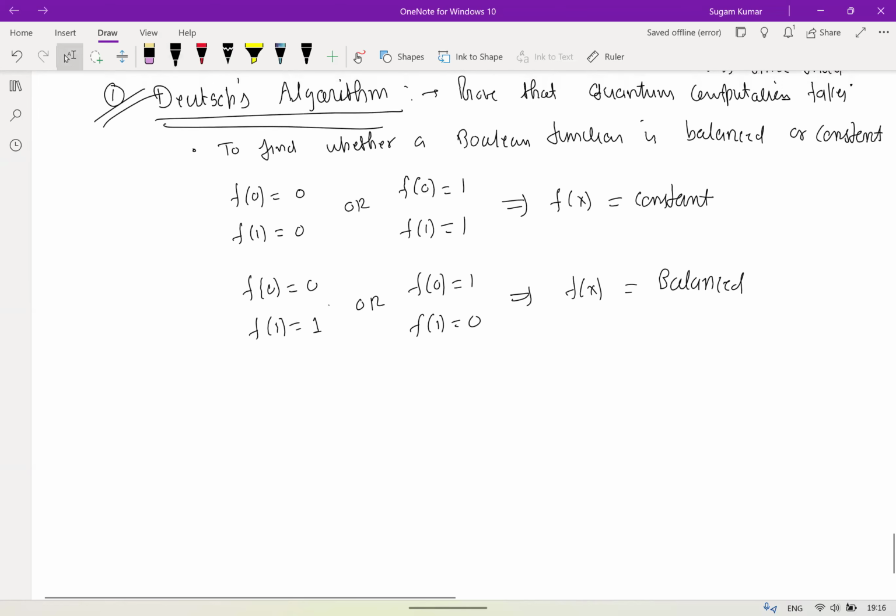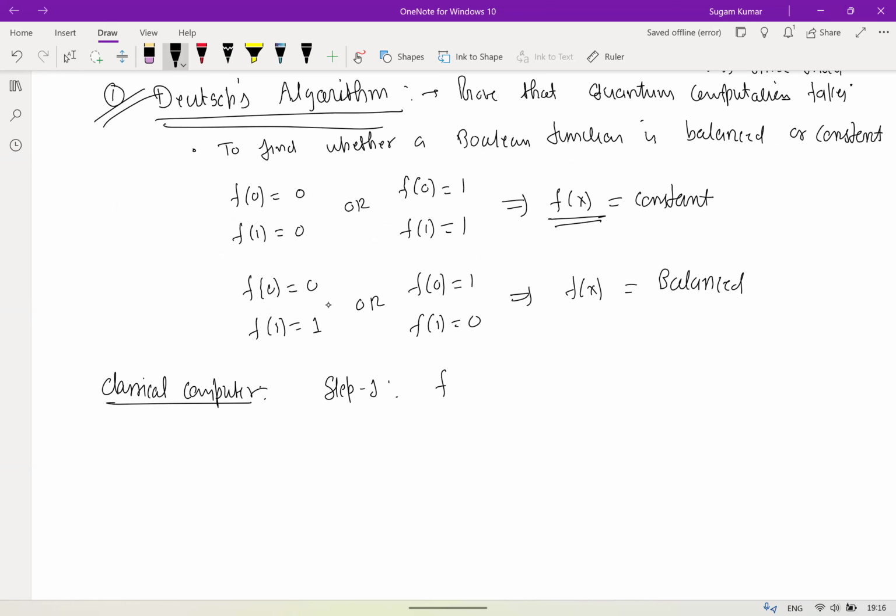So for example, if you have a classical computer and you want to check whether the function f(x) is constant or balanced, what is the first step? In step number 1, I will put some value, let us say f(0), and let us say the answer is 0. These are Boolean functions, so I first put x equal to 0 and check the value of the function.